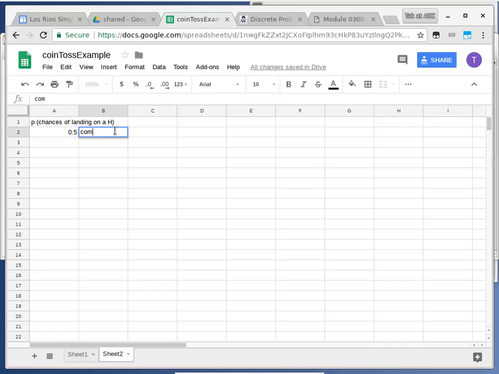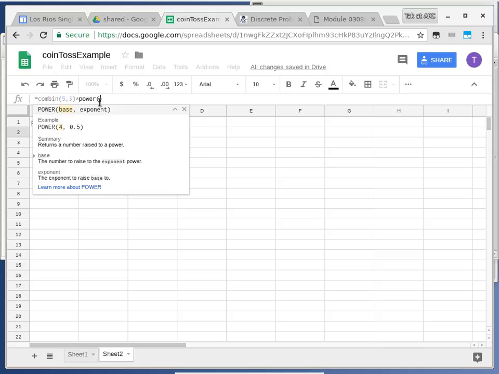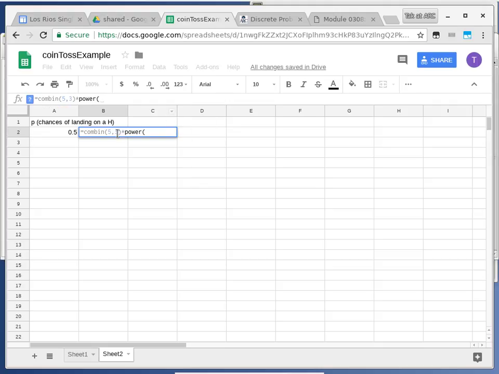So we already know it's based on the combination 5 choose 3, and it is to the power of, oh, I forgot the equal sign here. There we go. Times this to the power of 3 times (1 minus this number) to the power of 5 minus 3. There we go. Same number that we got.